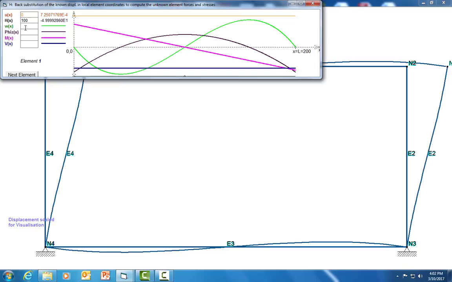And then third, I go here for Wx, and I go 400. And that is here the exact solution, the green one, and the green one has also a dot.